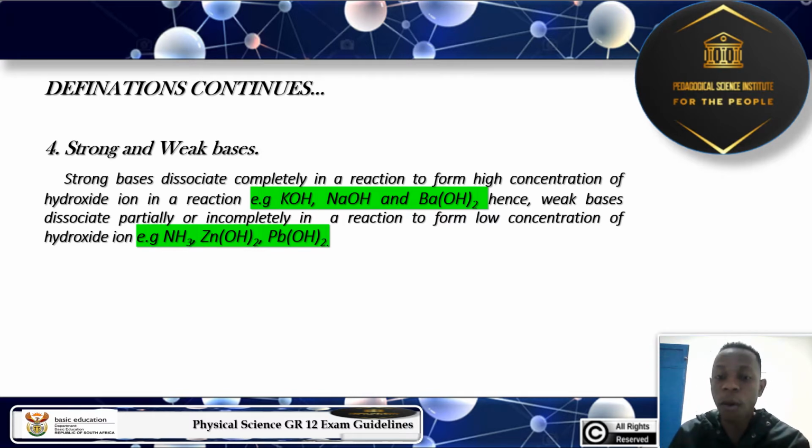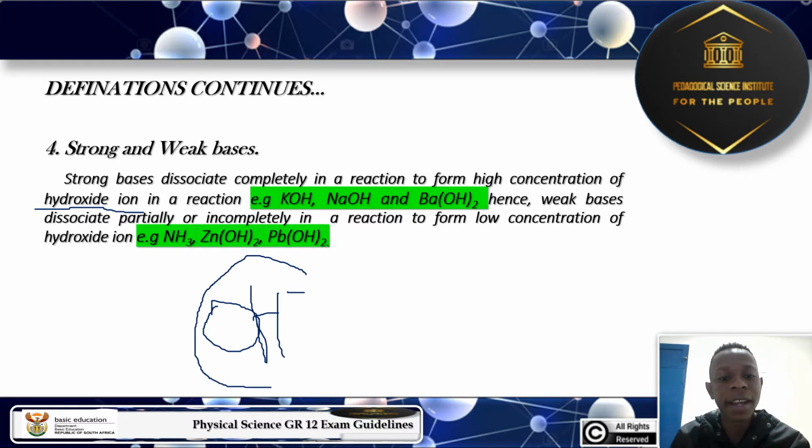Now they are going to form hydroxide ion. You see, because bases have to do with OH minus.